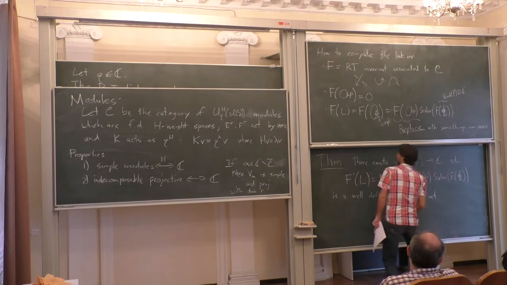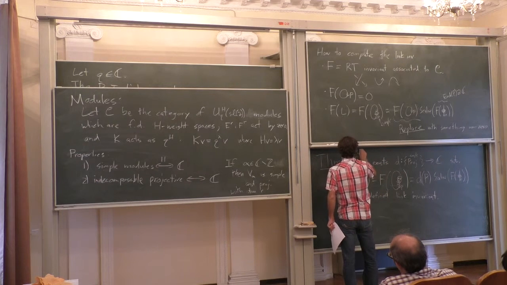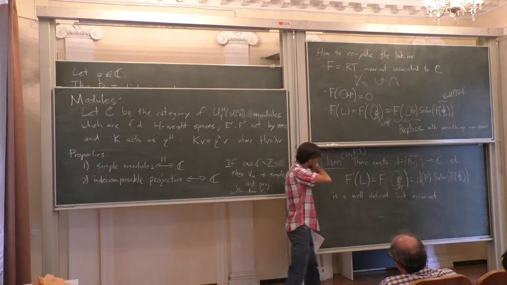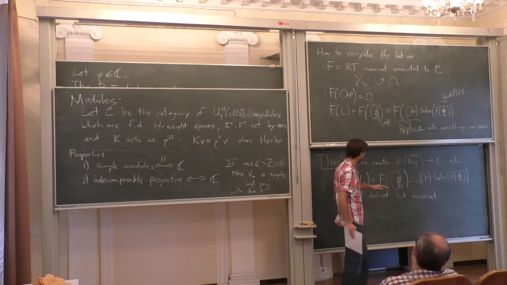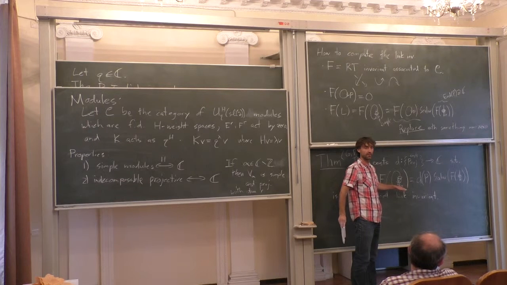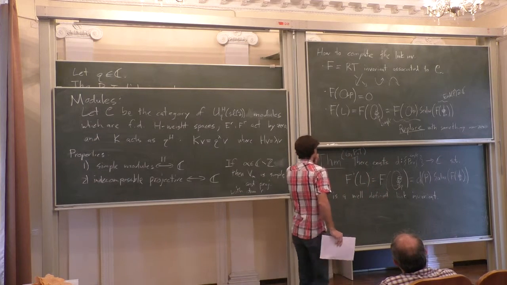So this is a well-defined link invariant. It doesn't matter which component I cut or where I cut on the component. I cut any projective module and I get a well-defined invariant. And it's not zero.